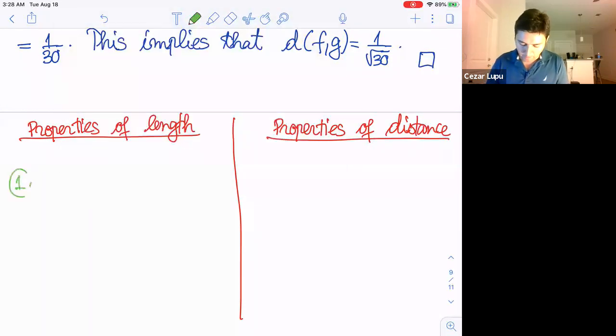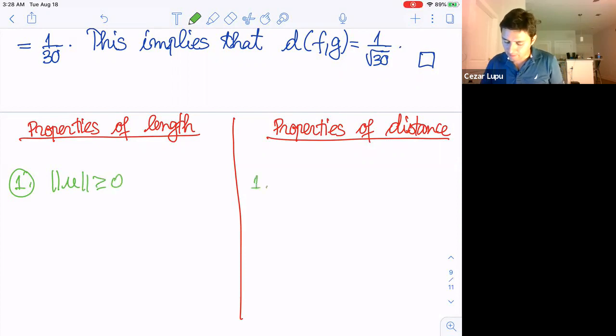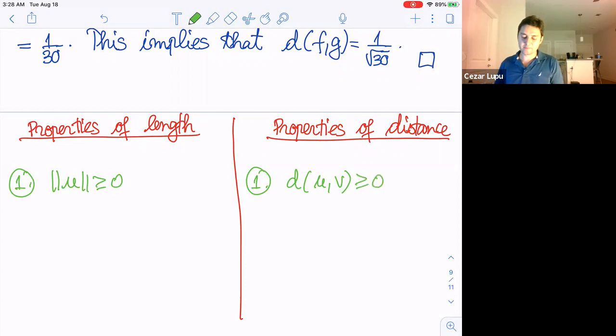The first one is that the length of a vector u is always non-negative, and the distance between u and v, since it's defined as the length of u minus v, will always be non-negative as well. With equality for the first one when u is the zero vector, and for the distance if and only if the two vectors u and v are equal.